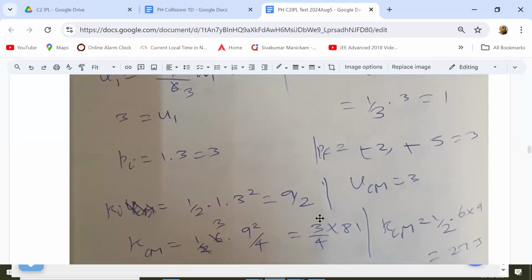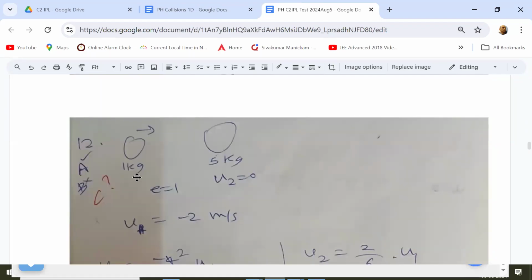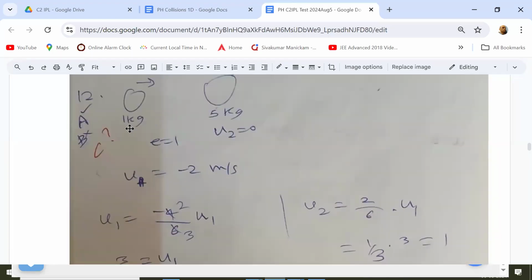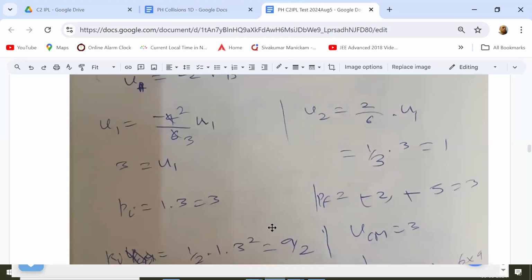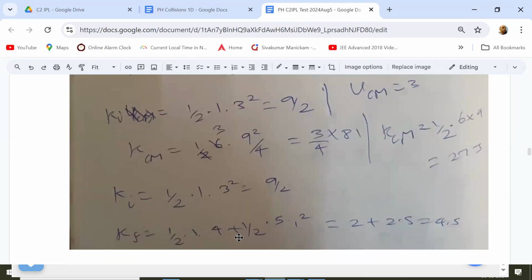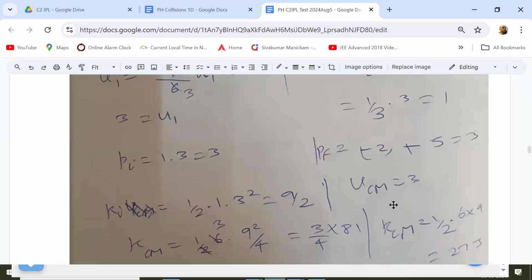Initial kinetic energy is the kinetic energy of the first mass only, half m, just 1, and then velocity squared, 3 squared, which you found out here. So initial kinetic energy is 9 by 2, 4.5 joules. Kinetic energy of center of mass is half M v squared, where M is the total mass and v is the velocity of the center of mass.